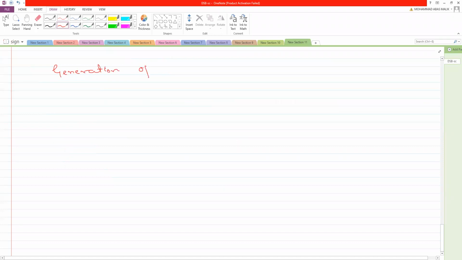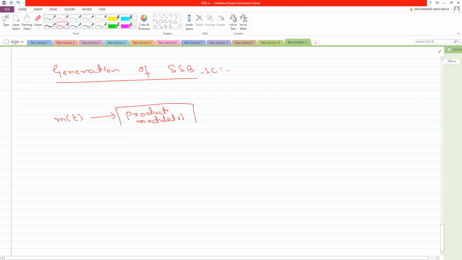So, generation of single sideband suppressed carrier. One of the methods is that you have m(t) and pass this through a product modulator. After this, you will obviously get double sideband suppressed carrier. This is your carrier c(t), equal to Ac cos(2πfct).